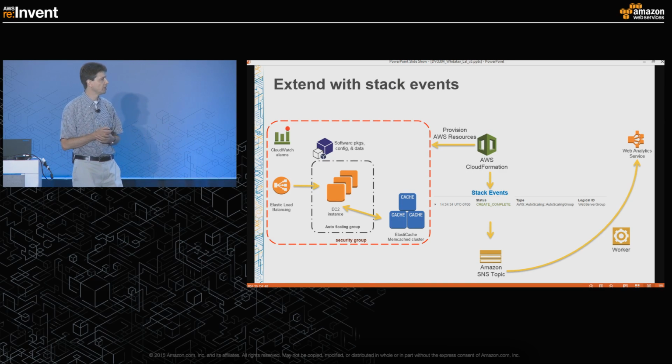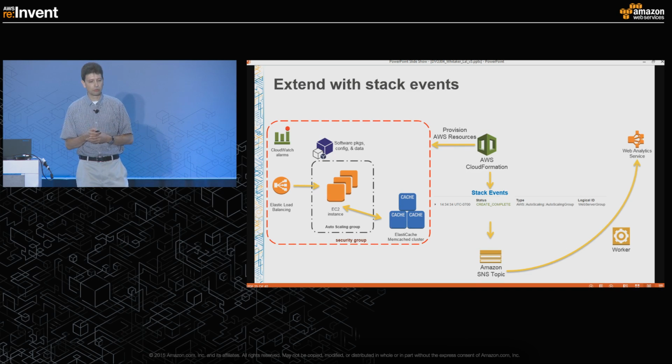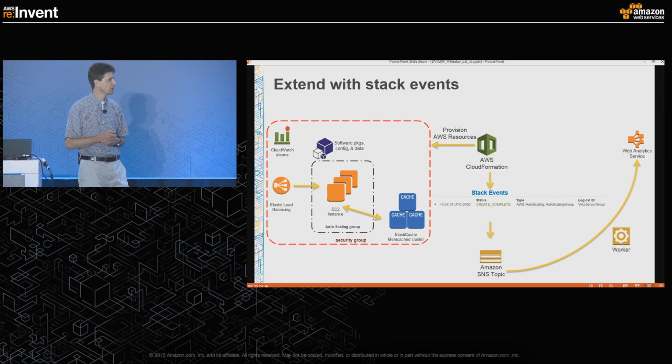So in this example, we may attach a worker to that SNS topic, and as the stack is created, based on which resource it is that we want, or whether it's on stack completion, we can then use a worker to register that stack into my web analytics service. So that's one way of extending out CloudFormation.